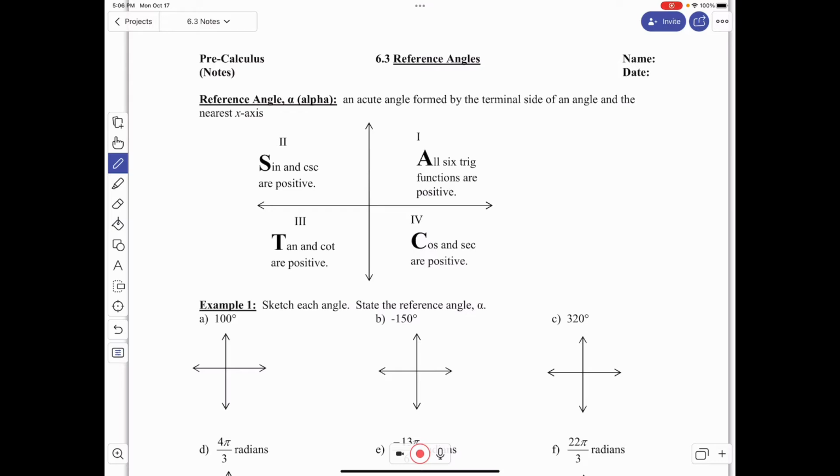Looking at our coordinate plane, keep in mind that we've got our quadrants labeled 1, 2, 3, 4.